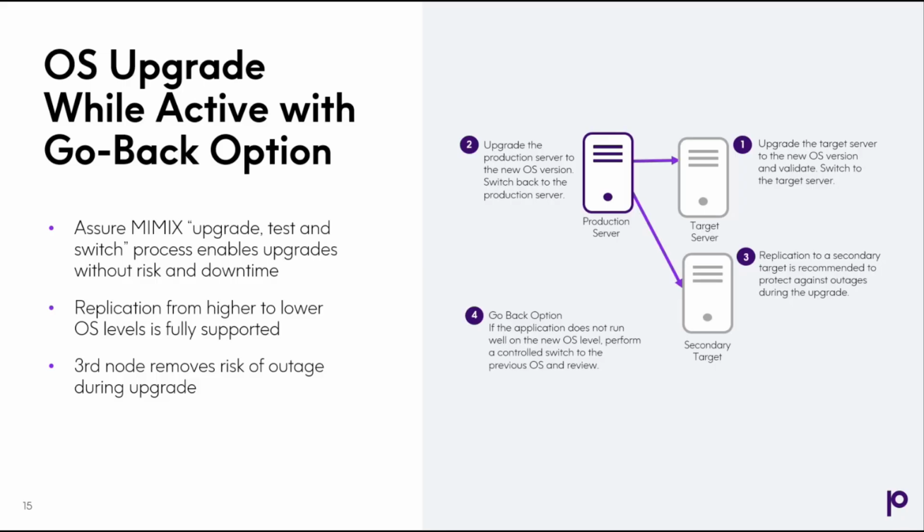Or once I get to 7.6, I have to have two 7.6s. So you could upgrade this one, leave that one at 7.5, and stuff like that. You can manage it that way with a secondary target. Of course, we support 3 targets as well. You might have this set of LPARs at one data center, and then this set of LPARs at another data center. Those are all options that can help you manage this OS downtime issue.